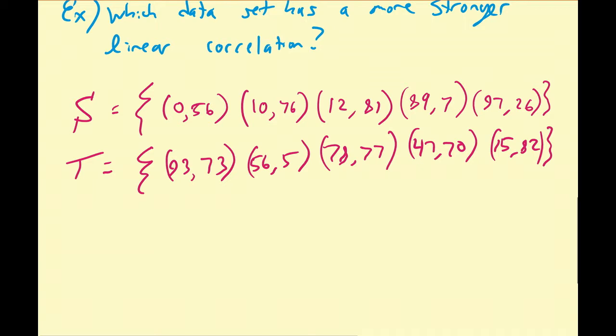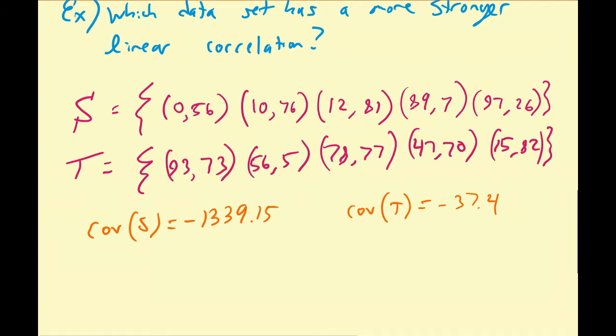So once you get this in Excel, you can calculate the covariance of S to be equal to covariance.S of x comma y. And that's going to come out to approximately negative 1339.15. And similarly, the covariance of T is going to be negative 37.4.